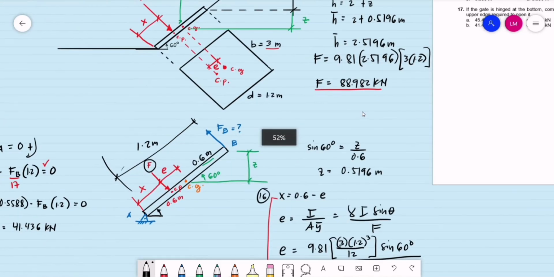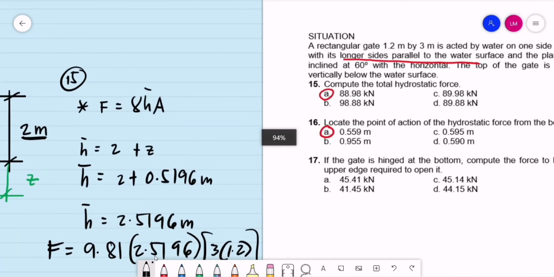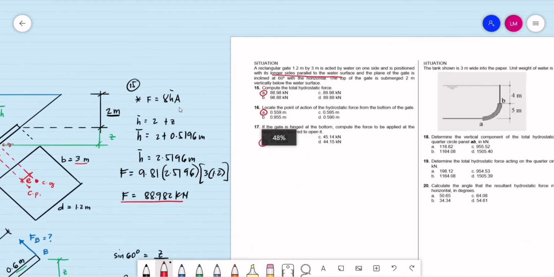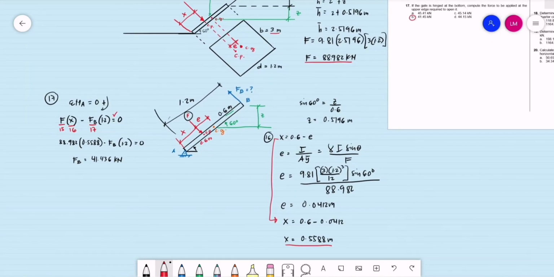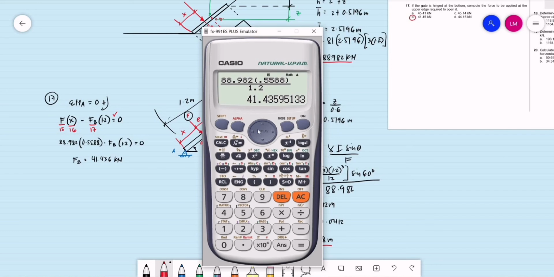Okay, pinakamalapit na 41.436, so closest value. That will be letter B, 41.45 kilonewtons. Okay, for question number 17. Check lang uli natin. 41.436. Pero for just in case gamitin ko yung mga nasa choices. 88.98 lang yung 15, 0.559 naman sa 16.